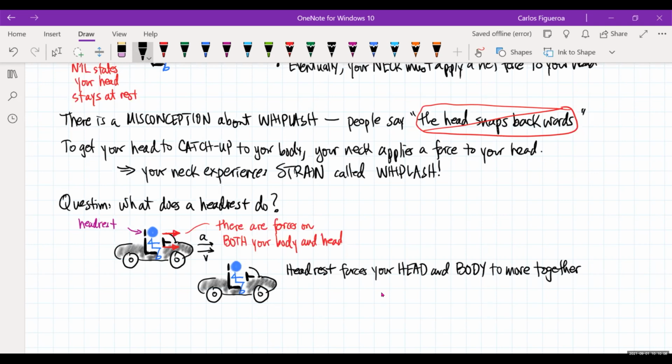Without the headrest, it's only your body that's moving. So this implies that you get no whiplash. You get no whiplash.